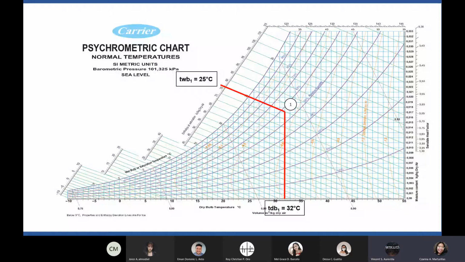Next is the final condition of the air, which is equal to the apparatus dew point temperature. Since the apparatus dew point is on the 100% relative humidity line, we are safe to assume that the air is at saturation condition.